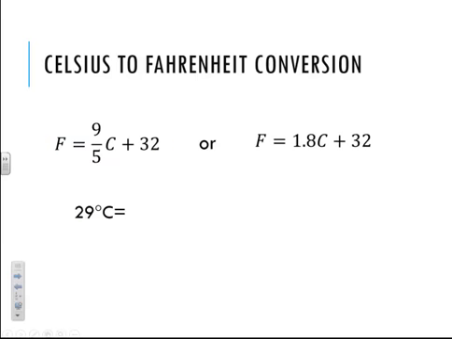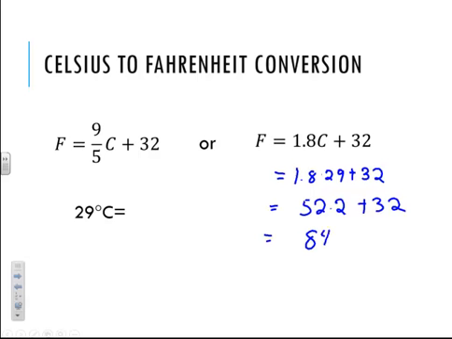Let's try another problem then. All right, on this one, the temperature is 29 degrees Celsius that we want to convert to Fahrenheit. So we'll plug it into the formula, 1.8 times 29 plus 32. Multiply first, so 1.8 times 29 is 52.2 plus 32.